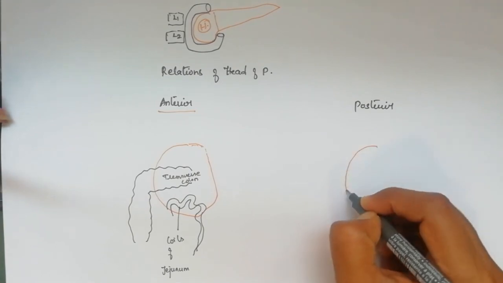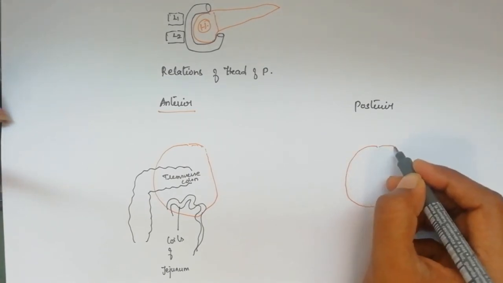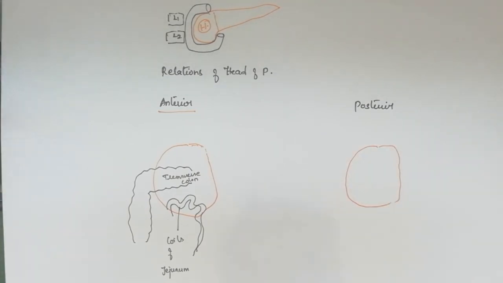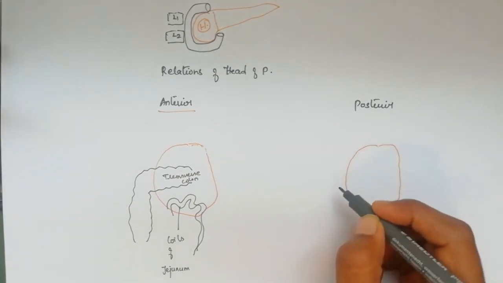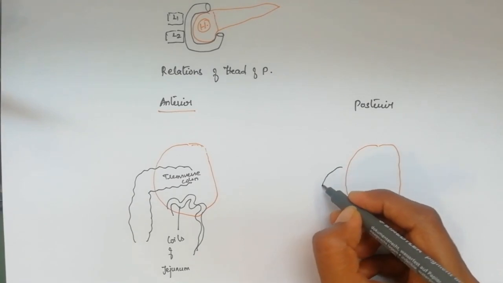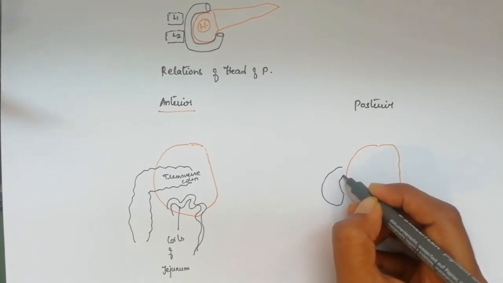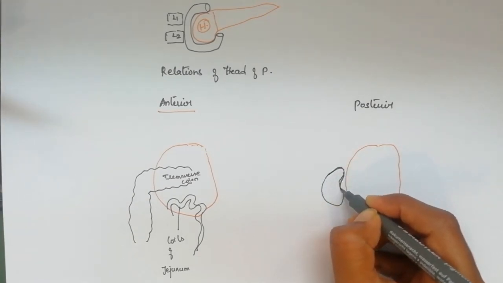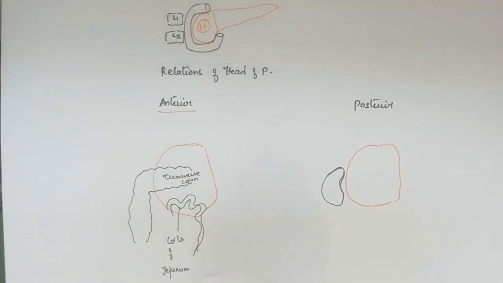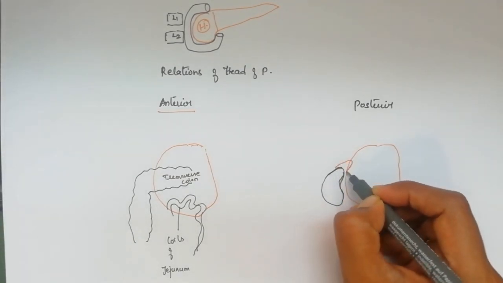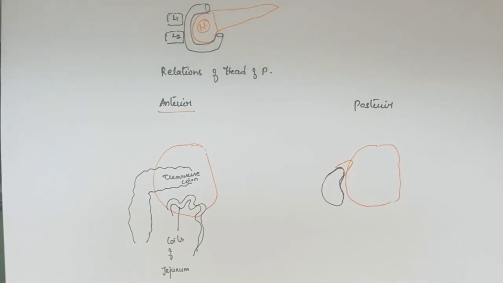Again we have head of pancreas. Posterior to this we have kidney related somewhere here. From the kidney we have a gland which is extending towards the posterior surface of the head of pancreas, and then we have inferior vena cava.